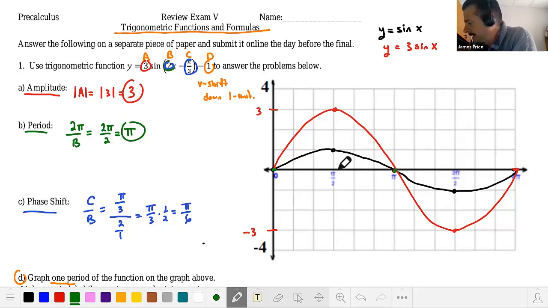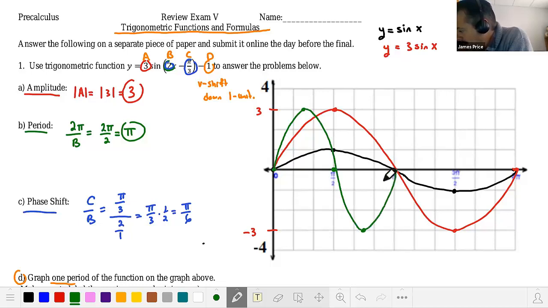So this point right here is going to go right there. This point is going to go right to the middle right here. And this point is going to go right to the middle right here. And so everything's going to be compressed between 0 and pi.